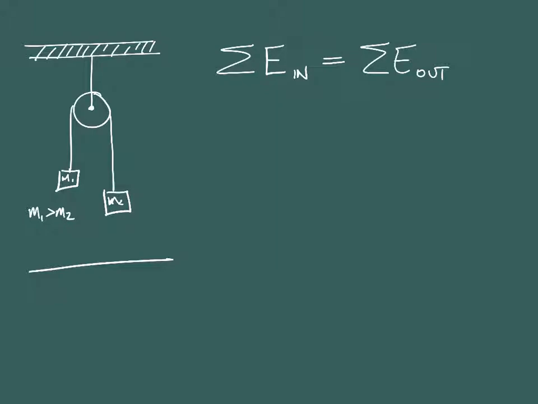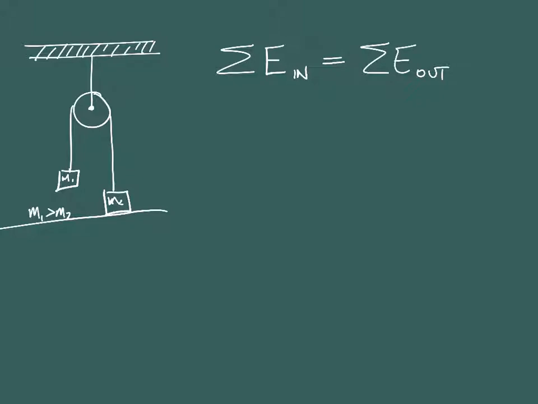initially we have the energy due to height of these objects. Now I'm going to do this to make it a little bit simpler. So I apologize if you have to erase. Let's put mass 2 on the ground. All right?